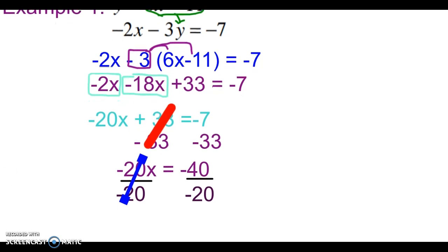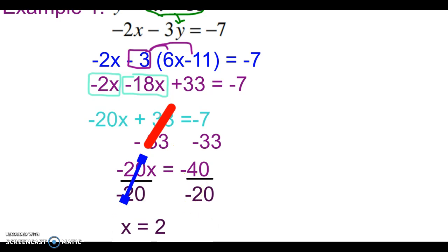So we write this as x equals positive 2. And we got positive 2 because a negative number divided by a negative number is always positive.